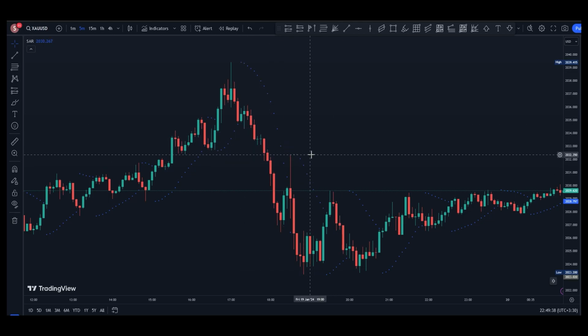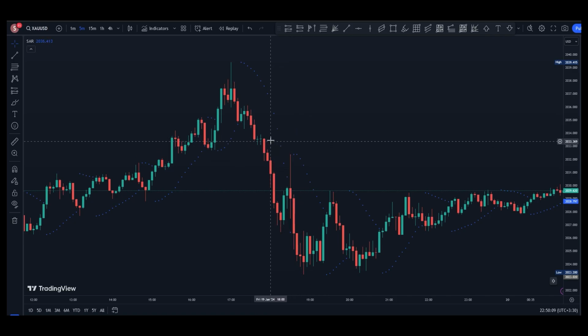The parabolic SAR is calculated using an acceleration factor AF that starts at 0.02 and increases by 0.02 up to a maximum of 0.2 each time the extreme point EP makes a new high, rising SAR, or low, falling SAR.